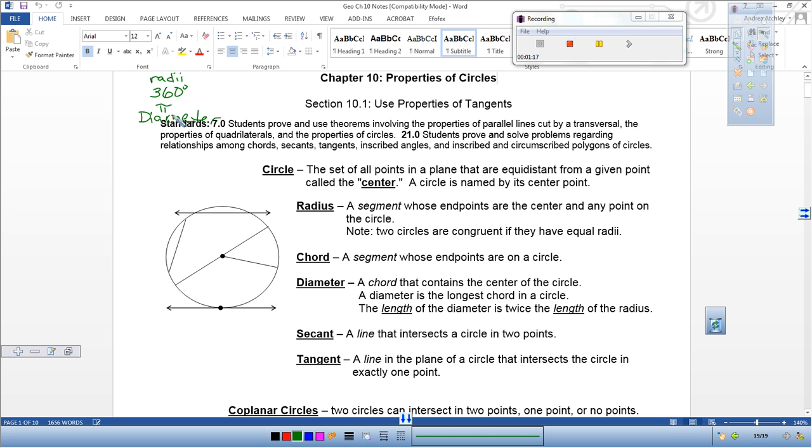That's symmetrical. Okay. Anything else? Okay, well, we're not reading off of our notes.